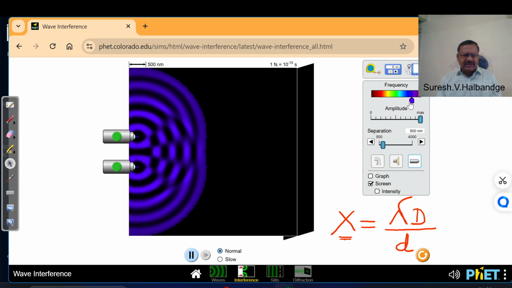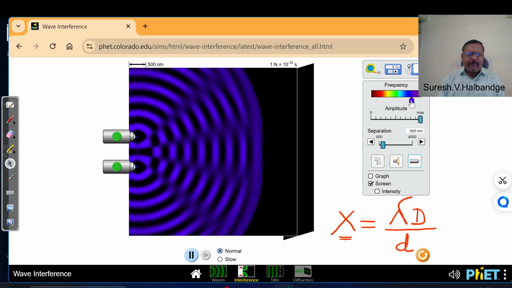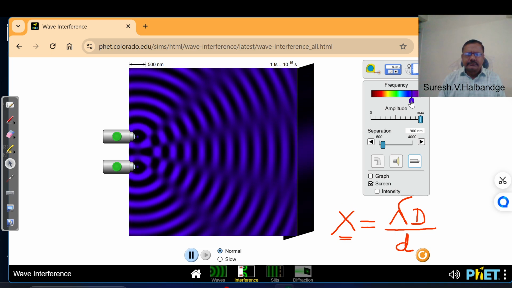Let us see what happens. Now see, we are able to see 3 bright bands and 2 dark bands. So here the wavelength is decreased, so bandwidth is also decreased.